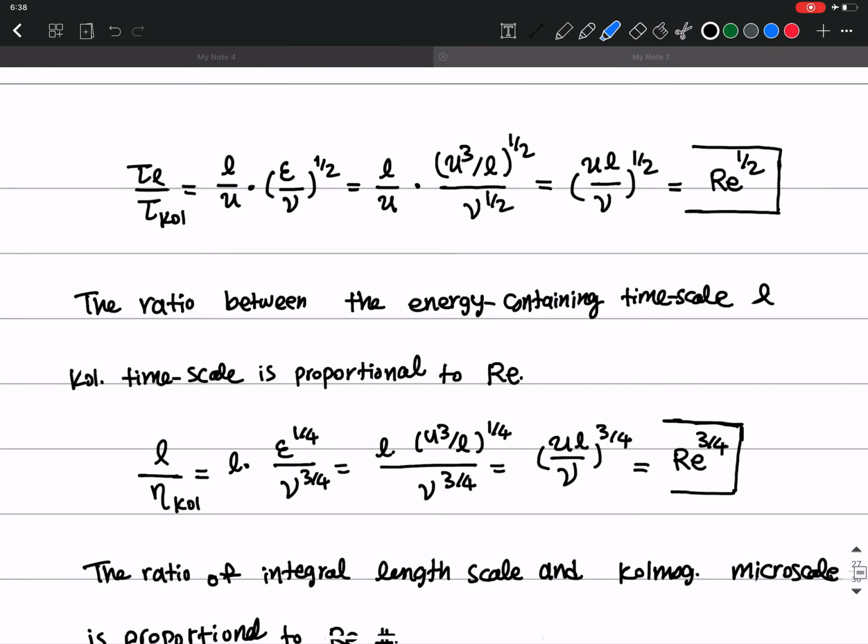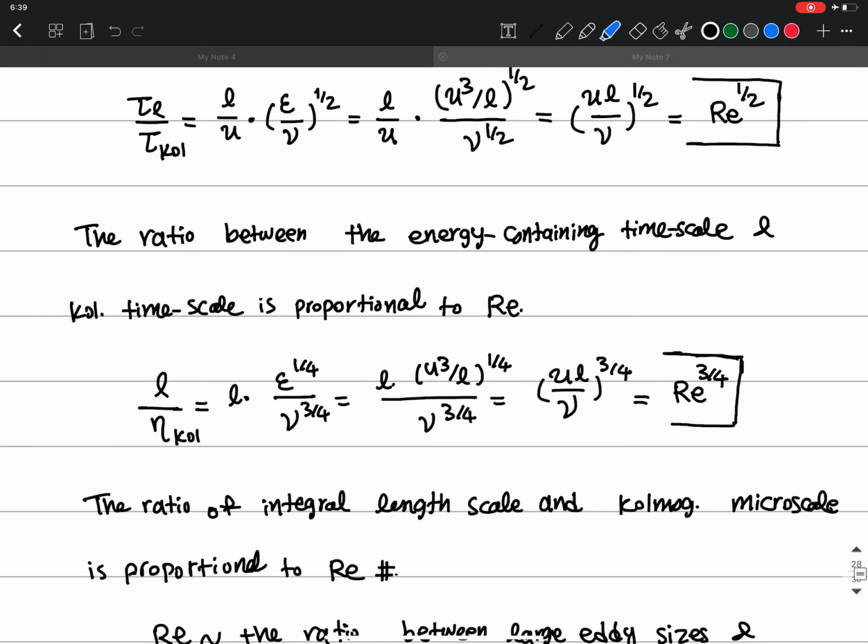And also we showed that the time scale or the length scale of the large scale over the time scale or the length scale of the small scale is proportional to the Reynolds number.